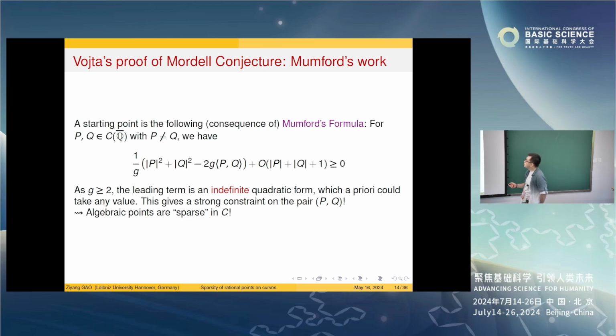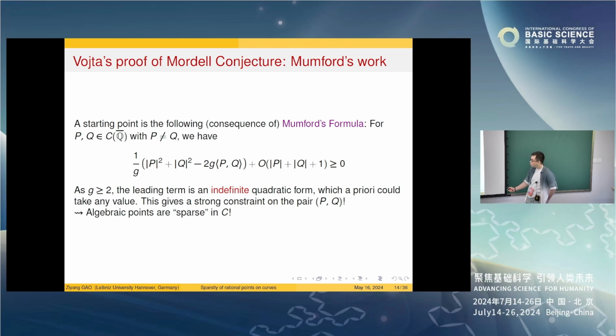He proved a formula which we now call Mumford's formula. Here I'm writing down the consequence of that. If we have two distinct algebraic points coming from the curve, then we have some positivity. First, this leading term is a quadratic form, p squared plus q squared minus 2gpq.